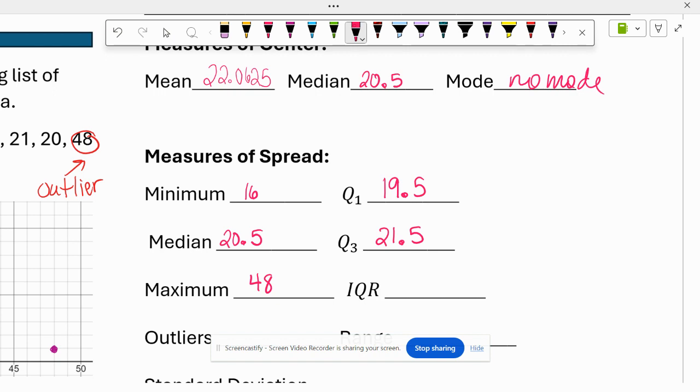How do you find your IQR? Q3 minus Q1. So 21.5 minus 19.5. You put it in your calculator reversed. So it's positive 2. Does everybody see that? That's not something that our calculator gives us, right? That's something that we have to calculate on our own.